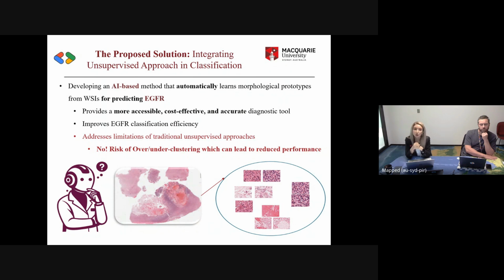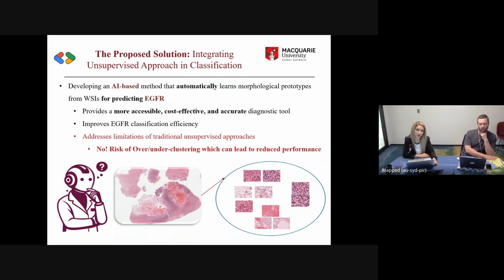So we aim to develop AI-based models that automatically learn morphological prototypes from whole slide images for prediction of EGFR. And we aim to improve EGFR classification efficiency, and provide a more accessible, cost-effective, and accurate diagnostic tool.